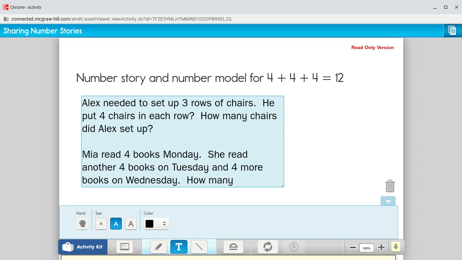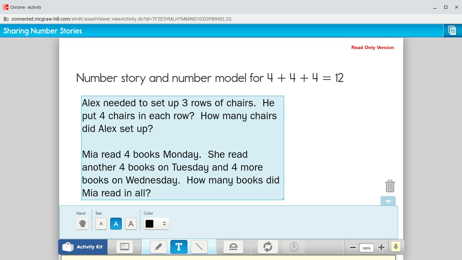How many books did Maya read in all? So that would be another way we could write our number story. We could actually use the repeated addition fact, 4 plus 4 plus 4. Or we could just use the 3 groups of 4.